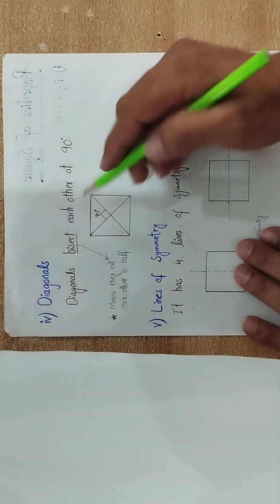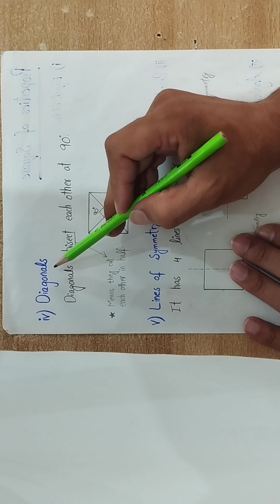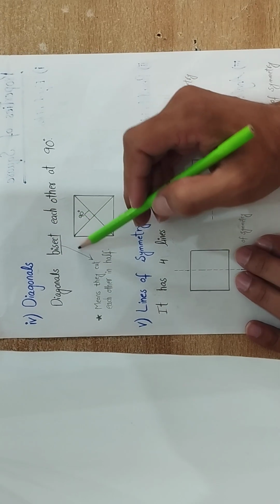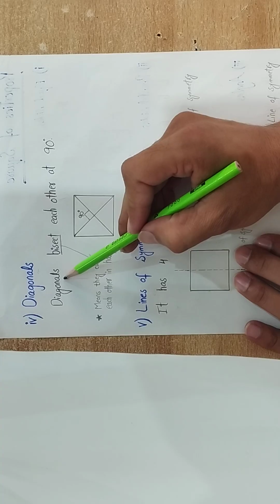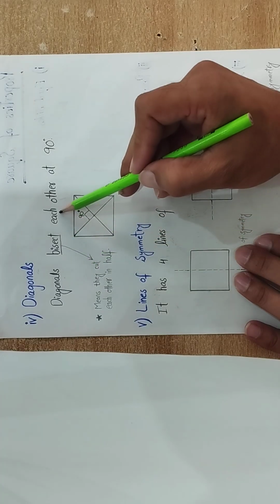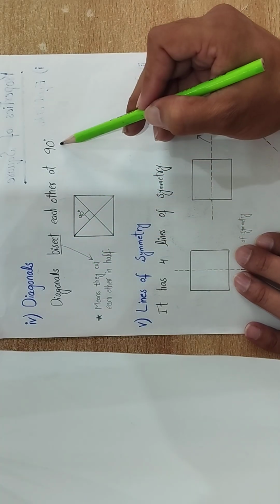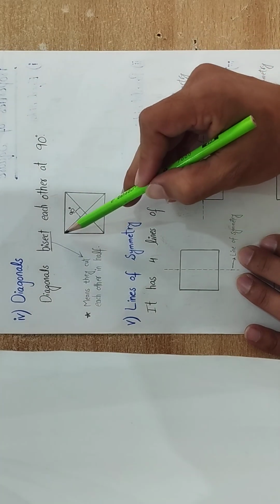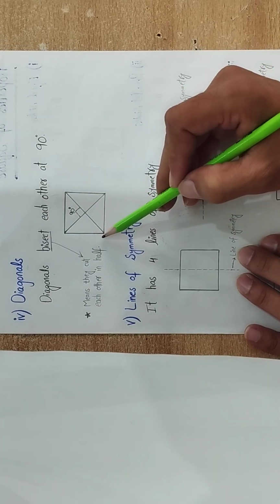Now let's see the fourth property of square. Fourth property is related to diagonals. It says diagonals of the square bisect each other at 90 degree. Let's understand it through a diagram. Here I have the diagram of the square.